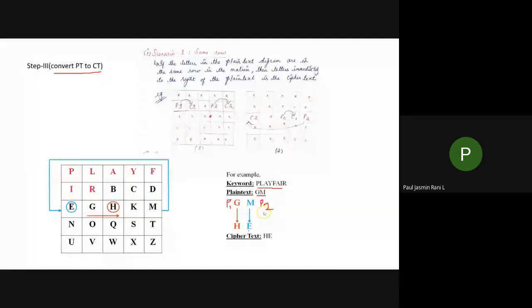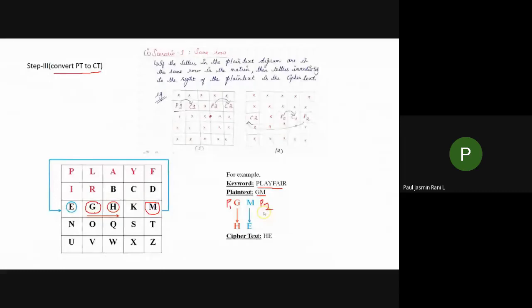Let us assume that we got this matrix from your previous slide. We filled in Playfair and all the other remaining alphabets. Now you have to look for your plain text, GM, in the matrix. See here where you have GM. This is G and this is M. So GM lies on the same row, isn't it?